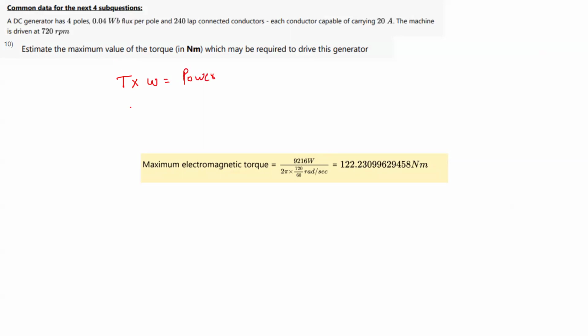So let me write it here. Torque into omega, where omega is in radians per second, will give you power in watts. So torque has to be in Newton meter.